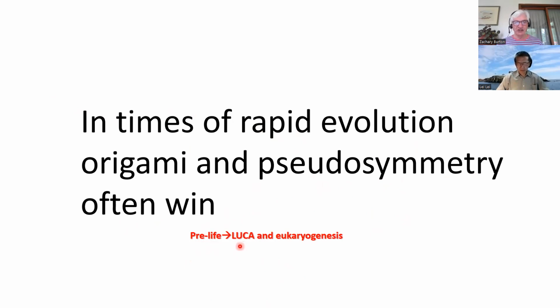Luca is the last universal common cellular ancestor. And also you see lots of pseudosymmetry and repeats generated during generation of eukaryotes, which is another process that involves origami and pseudosymmetry. Another time of rapid evolution.